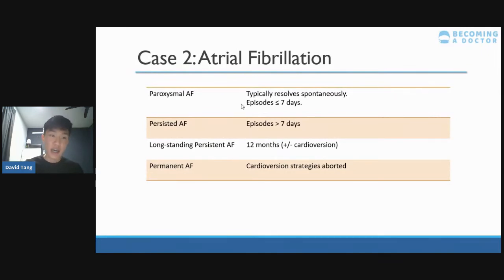Persistent AF lasts more than 7 days. Long-standing AF lasts up to 12 months, with or without cardioversions. And permanent AF is where we, as clinicians, and the patient have come to an agreement that the patient no longer requires cardioversion, as the success rate is low.